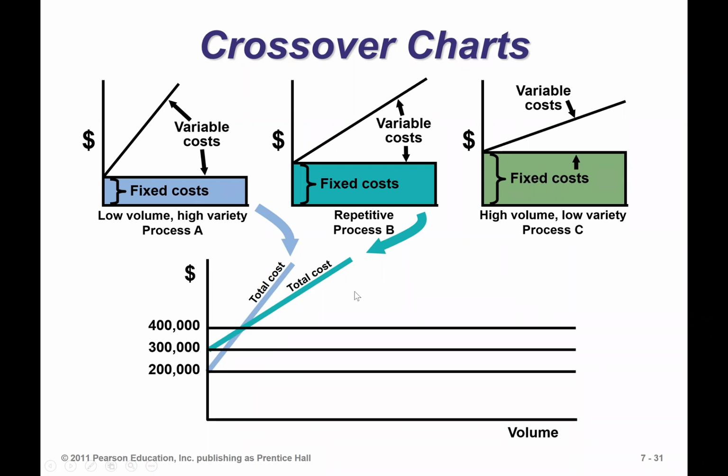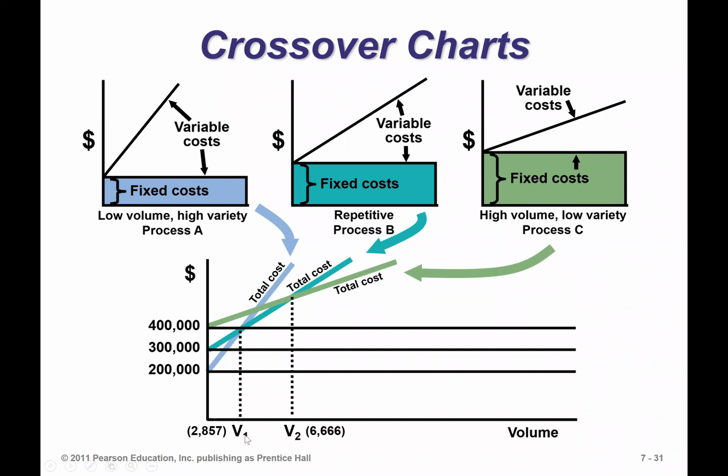But then there's also another crossover point, because there are three processes you're looking at. Now you've crossed over from A to B, and you're doing marketing and doing well. What happens now is you have a new crossover point.